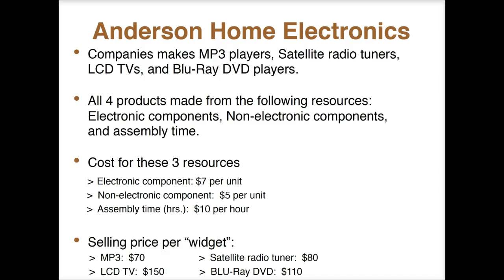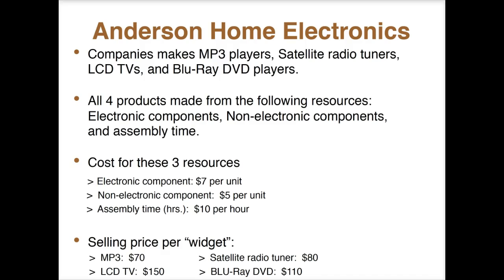To put this into perspective, when we say the electronic component, we're basically saying that in order to make these four products, we've negotiated with our subcontractor that supplies us all the components that we need to be able to make these products. We've probably made a deal where we're selling a set number of electronics as a bundle, and for the electronic ones, that will be $7 per unit, so per bundle.